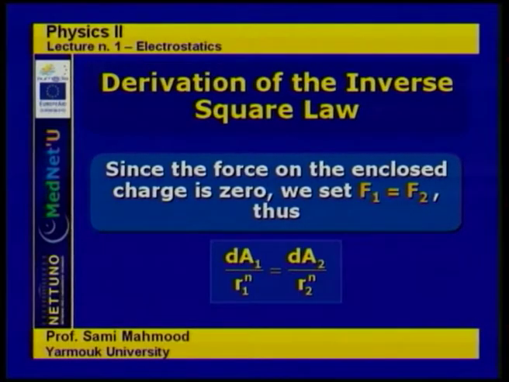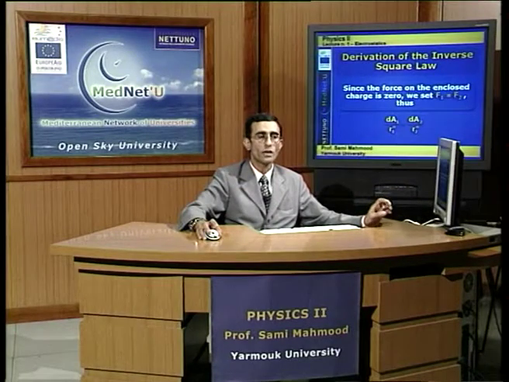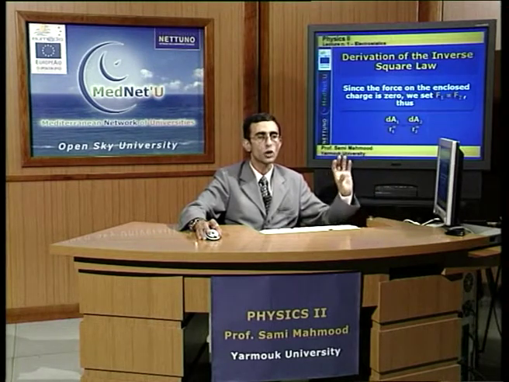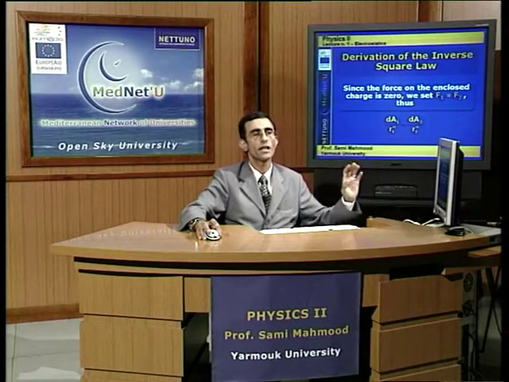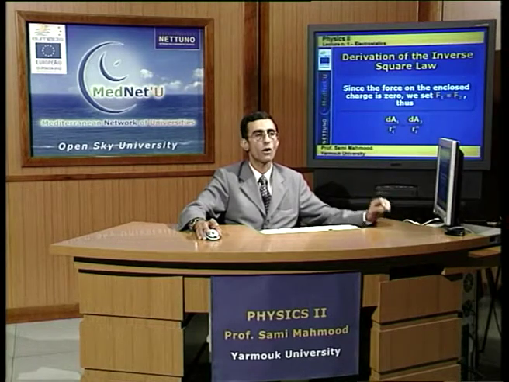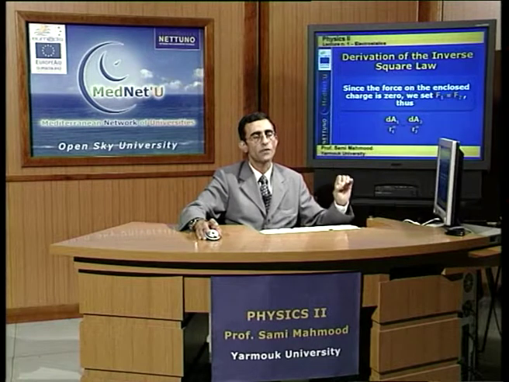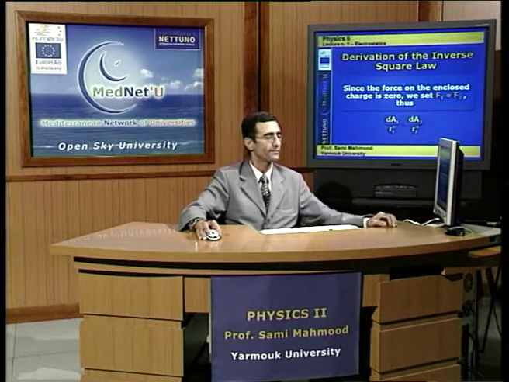And thus, we conclude that dA1 over r1 to the power n is equal to dA2 over r2 to the power n. This is the second formula that we arrive at from the force law. And until now, we remember that we don't know the force law. We are assuming that it is proportional to 1 over r to the power n, and we are after evaluating this power n.